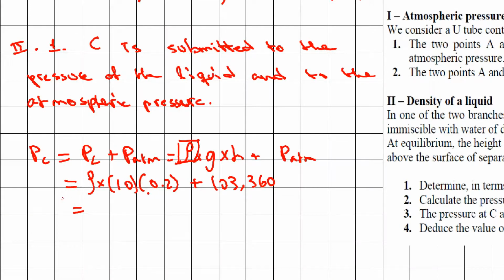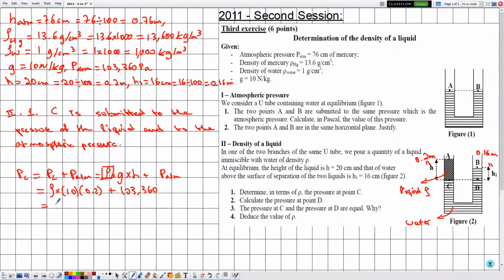Now multiplying 0.2 by 10 gives us 2 multiplied by rho, plus 103,360. So the pressure at the point is given by 2 rho plus 103,360.